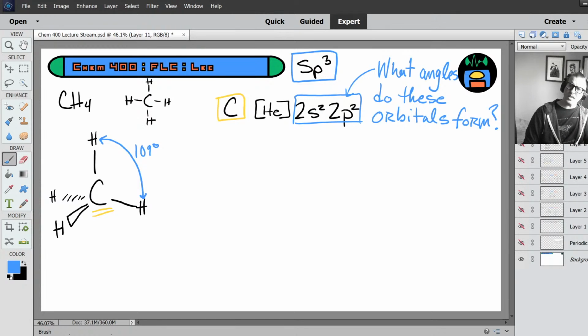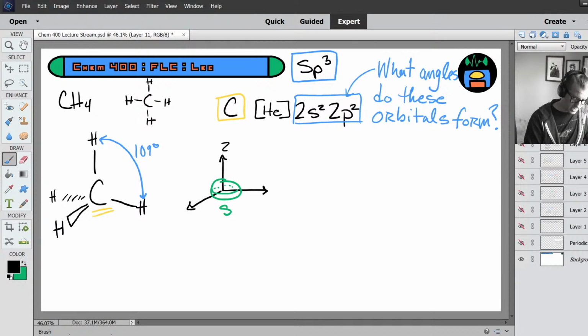All right, what are the angles that we can make with these orbitals? Well, we have 2 subshells, right? The 2s and the 2p. And there are 4 orbitals between them. In the 2s subshell we have an s orbital, right? There's the s orbital.